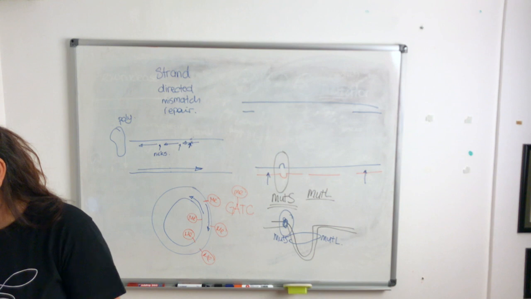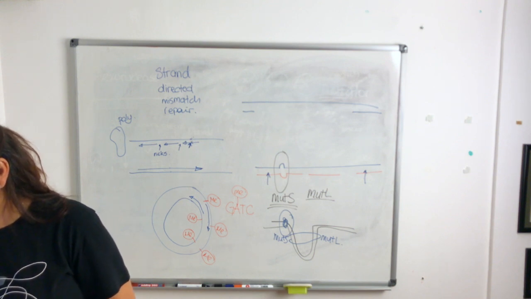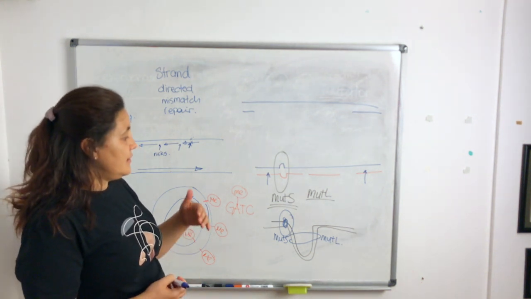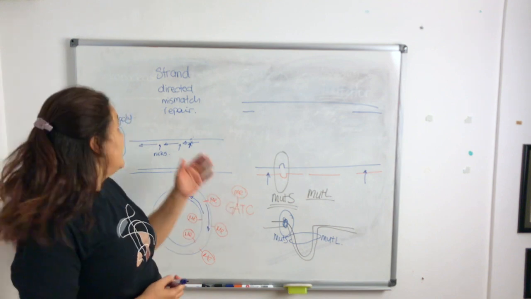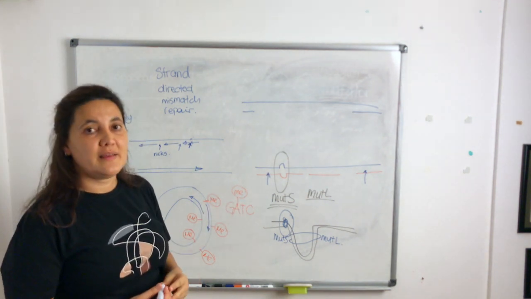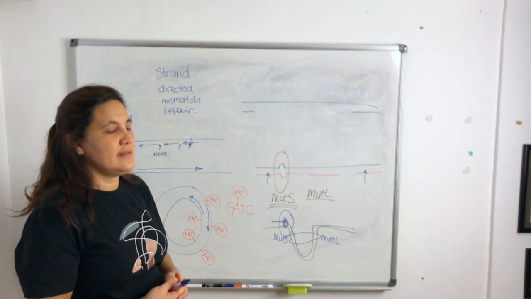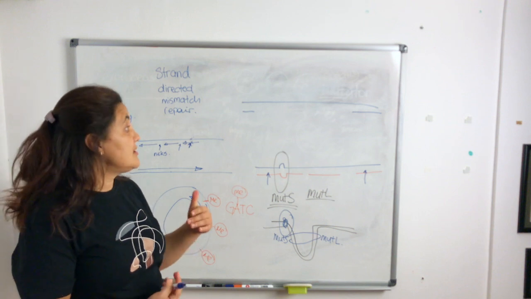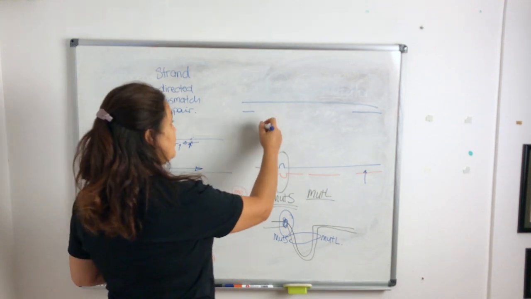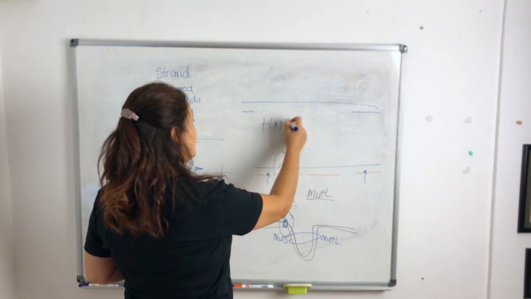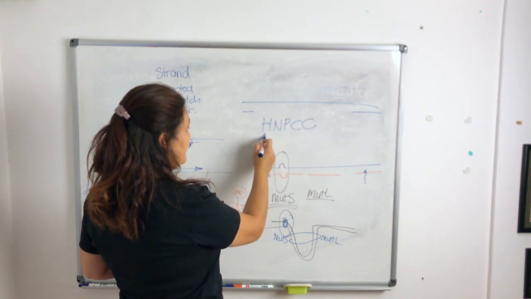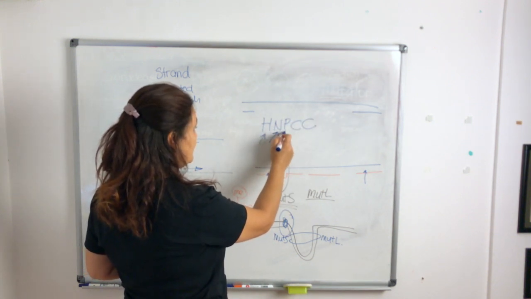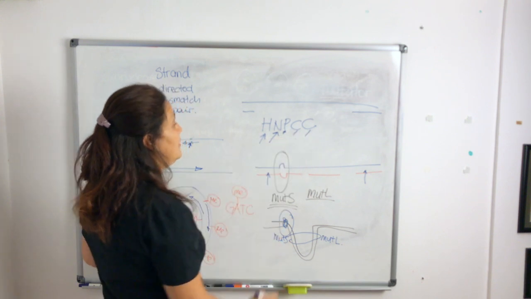In humans, there are lots of mutator genes, and the strand-directed mismatch repair has lots of proteins in its family. And there is a specific disease which includes these mutations. It is called HNPCC, hereditary non-polyposis colon cancer.